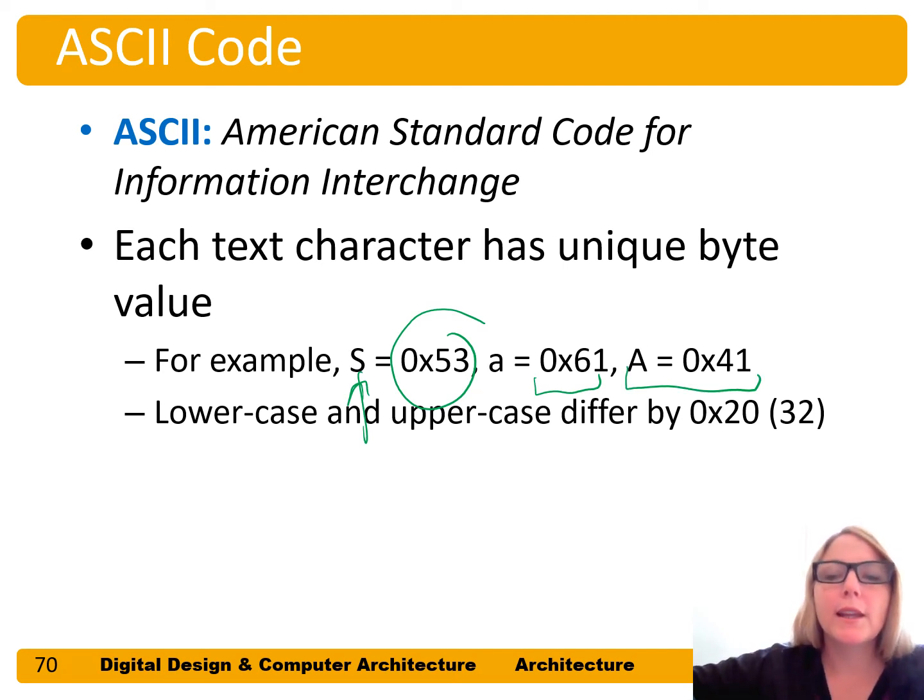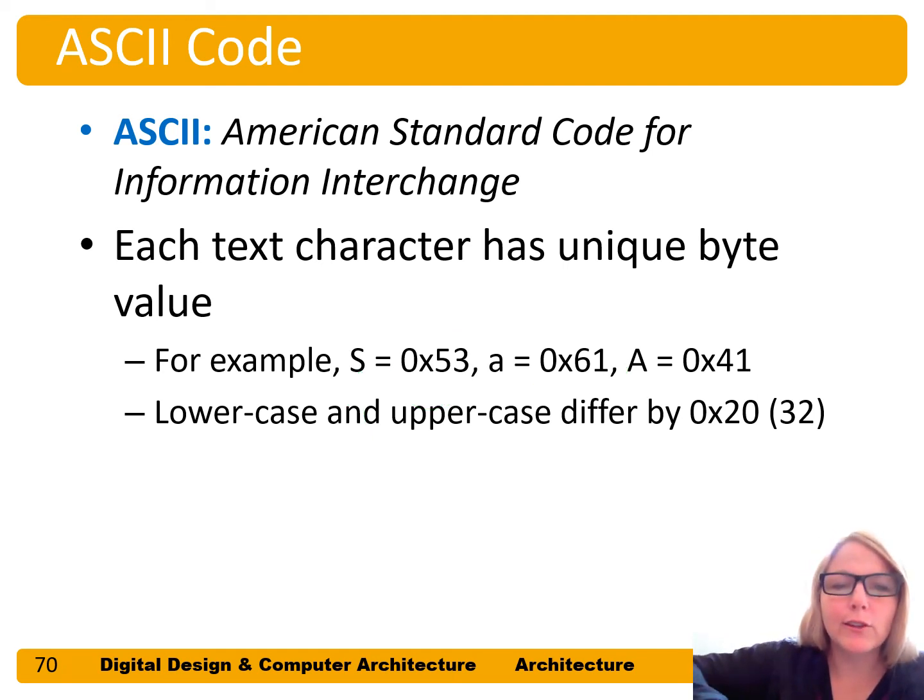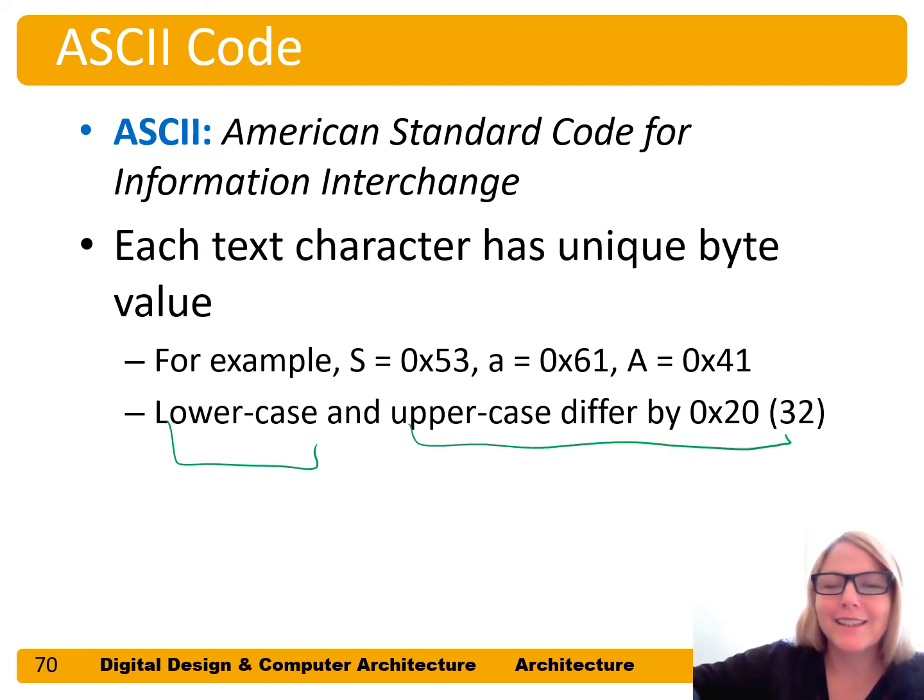So we can encode characters using binary values, using bytes. And it turns out that lowercase and uppercase differ only by hex 20. So it's easy to change from all lowercase or all uppercase.